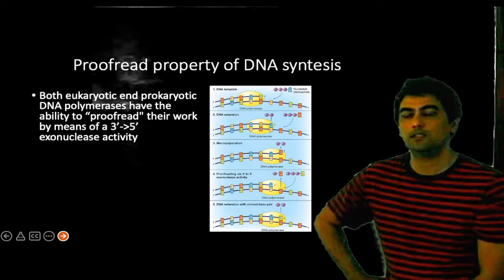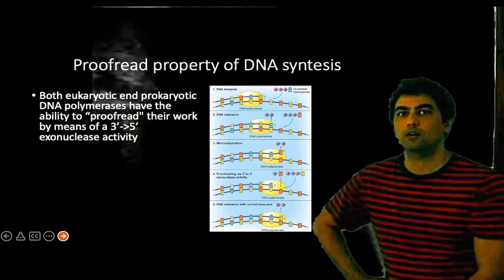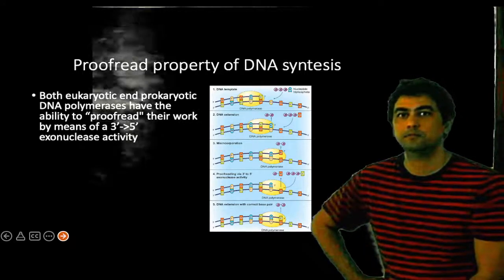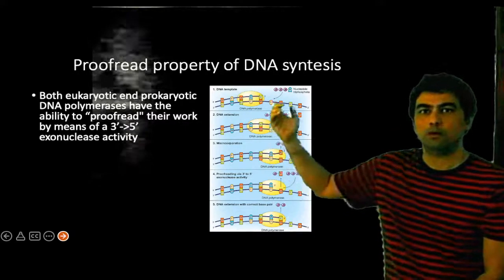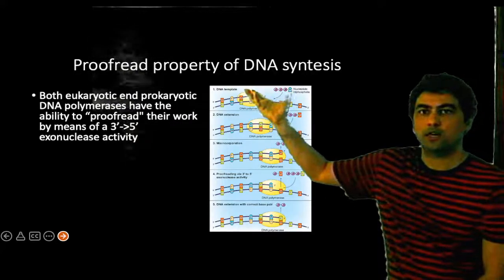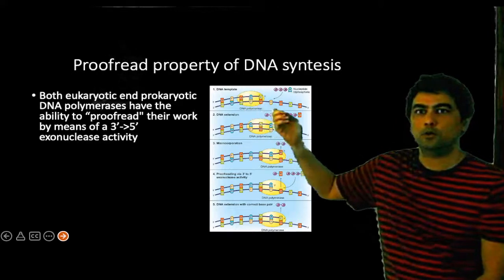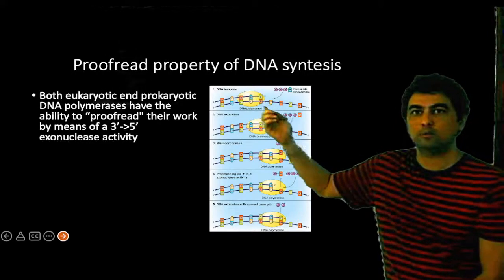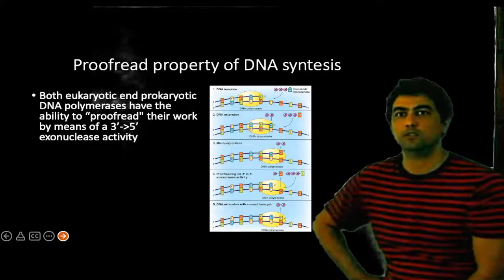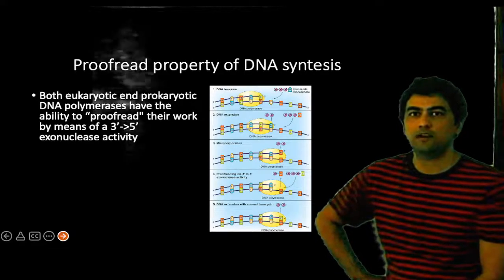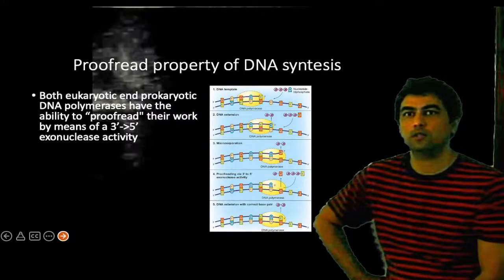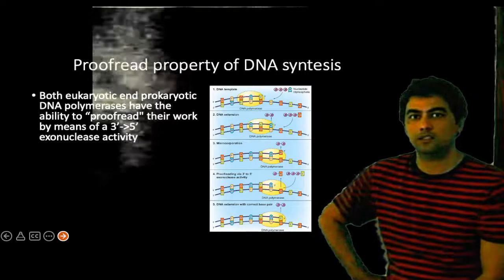We can see here the proofreading properties of DNA synthesis. Both eukaryotic and prokaryotic DNA polymerases have the ability to proofread their work by means of 3' to 5' exonuclease activity.